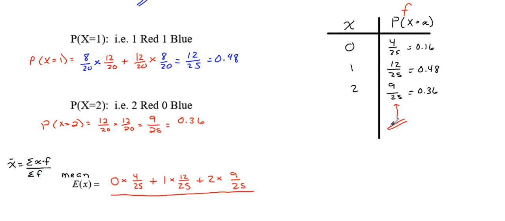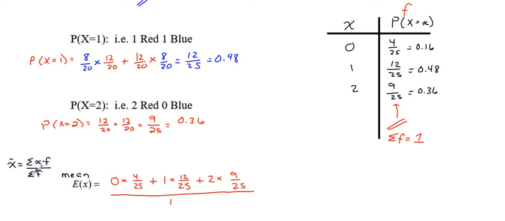If you were to add all of these up, 4 out of 25, 12 out of 25, and 9 out of 25, the sum of all the frequencies is equal to 1. And it will always be equal to 1 because all of them together is going to equal 100%.